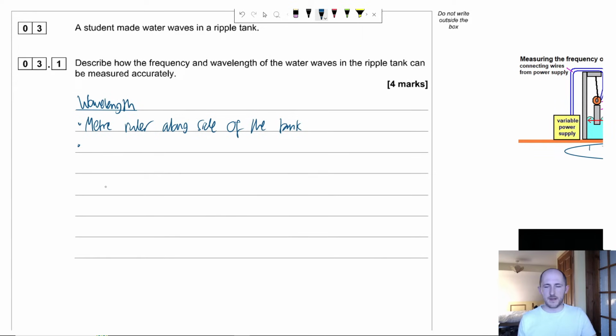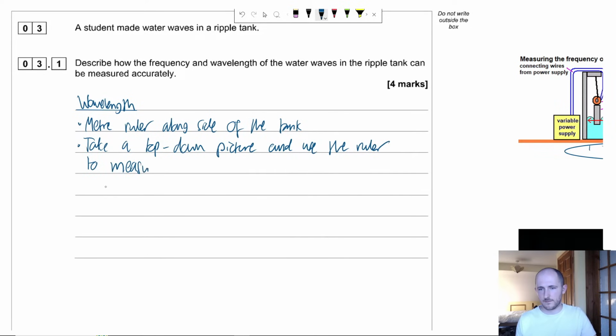And then what we're going to do is, using a camera, take a top-down picture and use the ruler to measure the distance, and you can just call them between peaks, okay? Between peaks. And that is your wavelength lambda, okay?